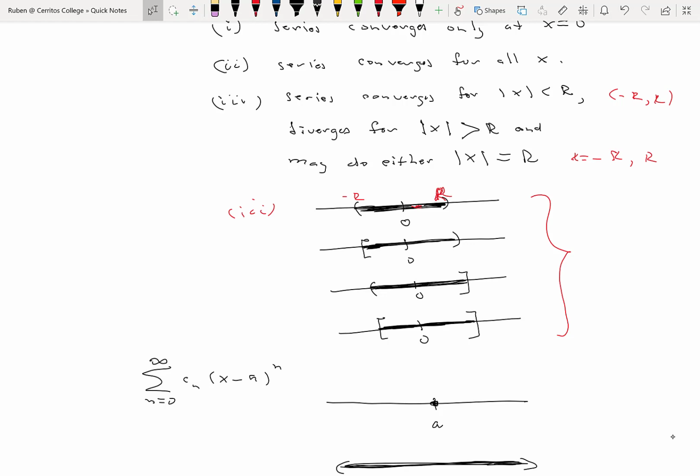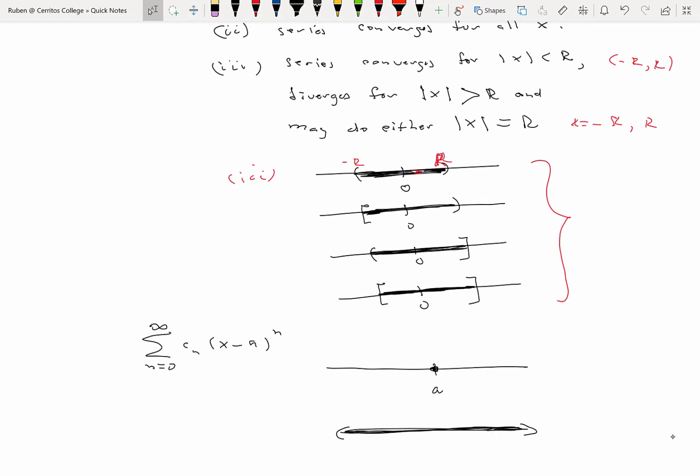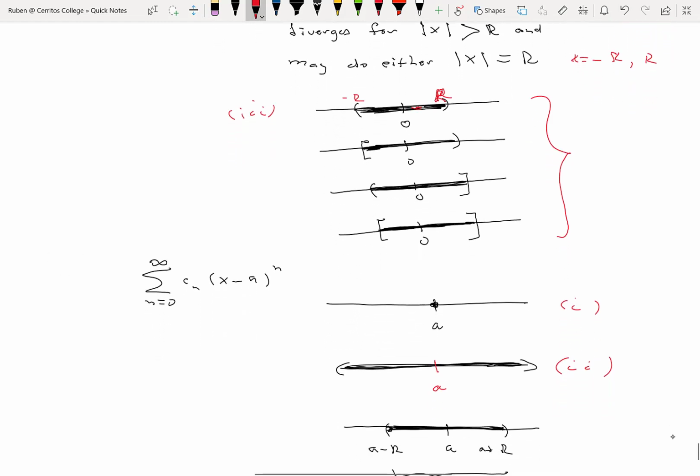Either the power series centered at a converges at only one point, x equals a, or it converges for all real numbers, or, the trickiest one, the interval of convergence is some interval surrounding or centered at x equals a, from a minus r to a plus r.